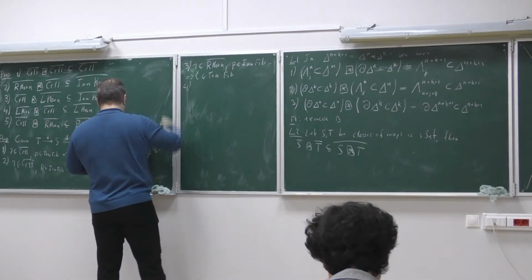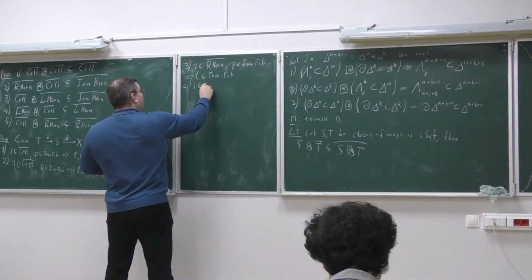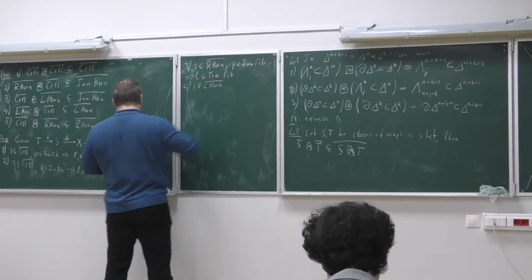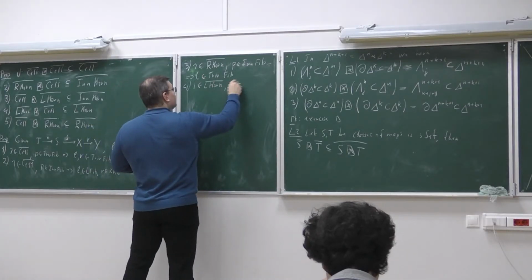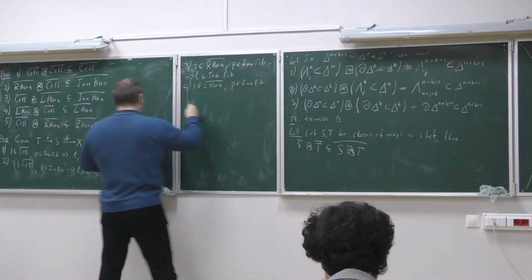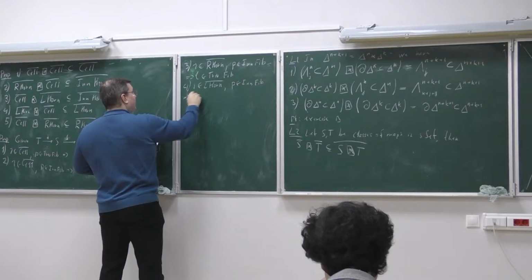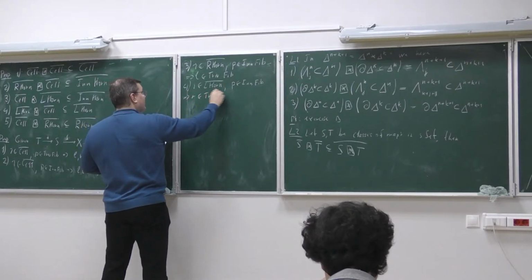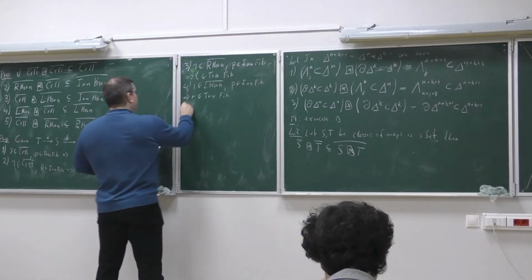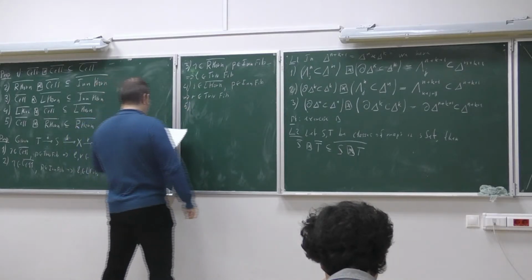4. I is a left horn closure, so left anodyne. P is, as before, a fibration, and the conclusion is that R is a trivial fibration. And there are 5 and 6 which are also dual to 3 and 4.